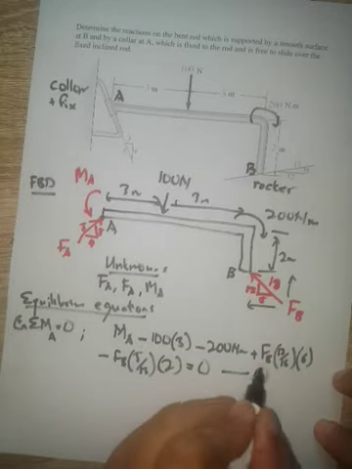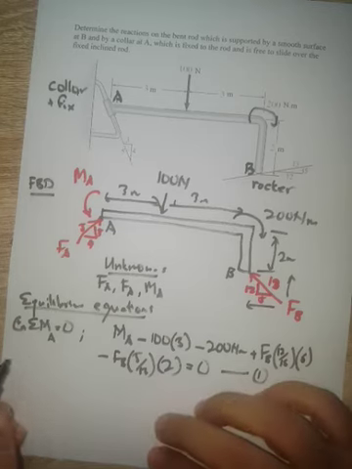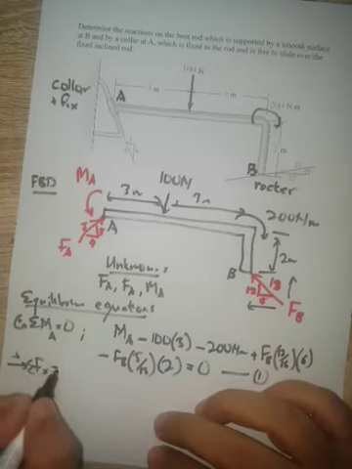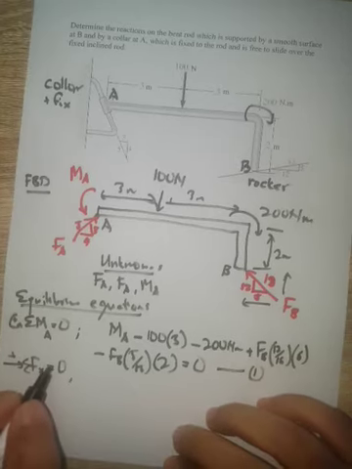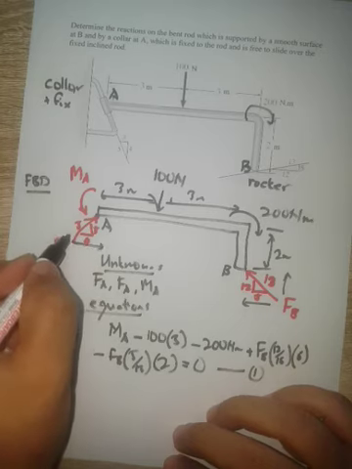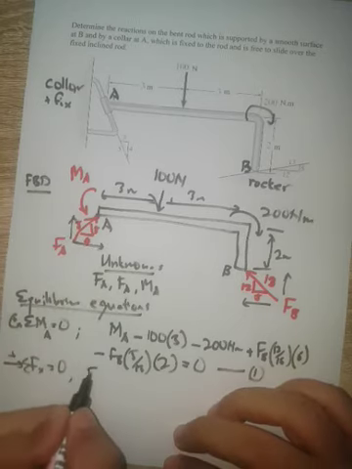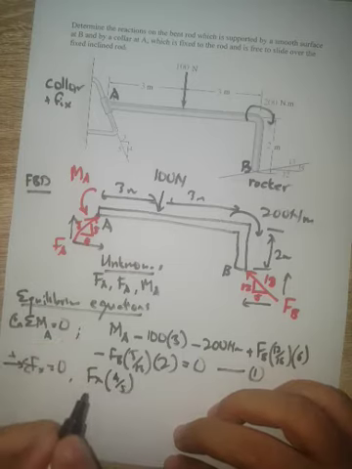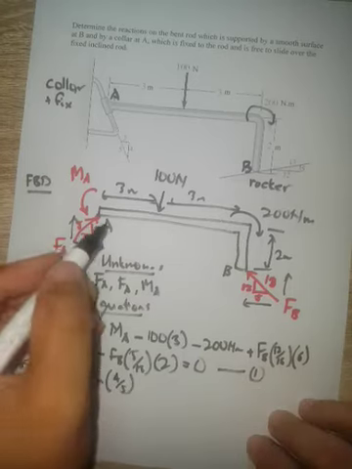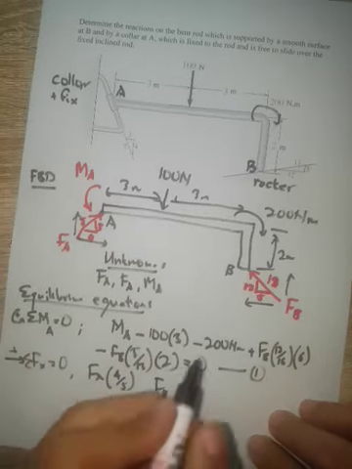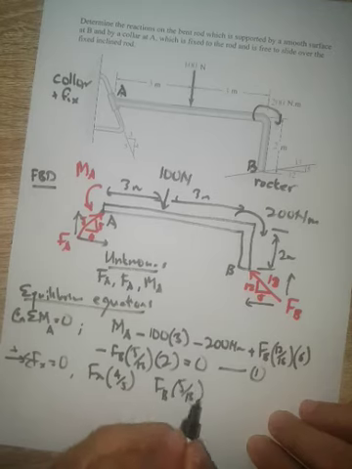So this is the first equation. The next equation is the total of forces in X direction equal to 0. First we have the component of FA, 4/5 to the right, which is positive, and then we have FB 5/13, the X component, to the left, so it's negative, equal to 0.